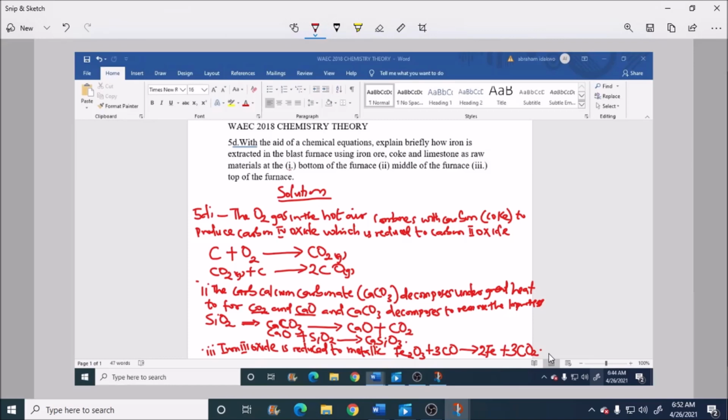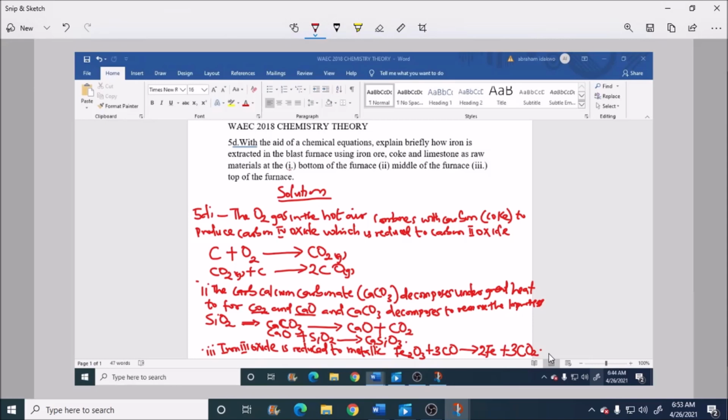So we have represented what happened at the bottom of the furnace, middle of the furnace, and at the top of the furnace with the equation. For the first one, we have carbon reacting with oxygen to give carbon 4 oxide. Then our carbon 4 oxide is later reduced to carbon 2 oxide, as we have it in the equation: CO2 plus C giving 2CO in gaseous state.